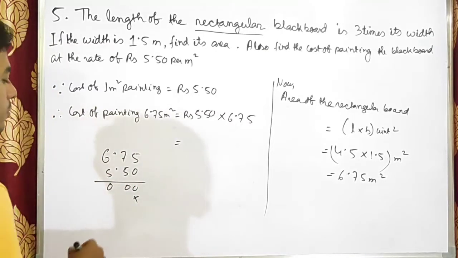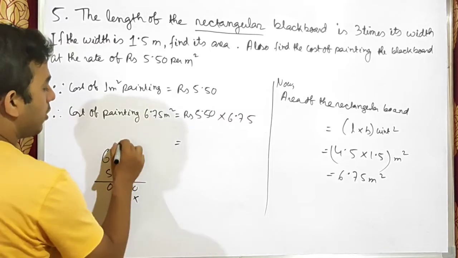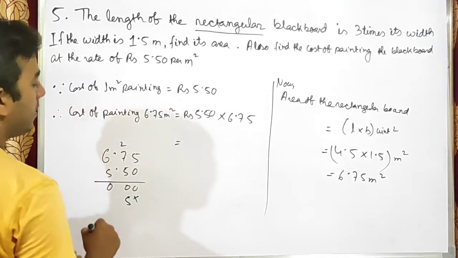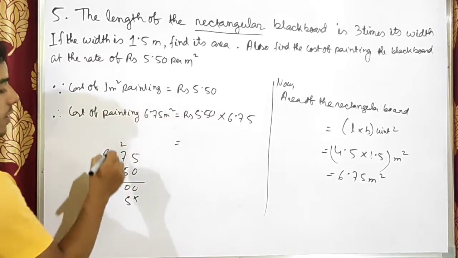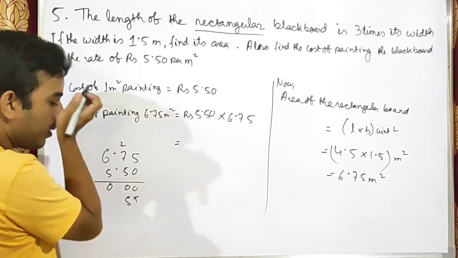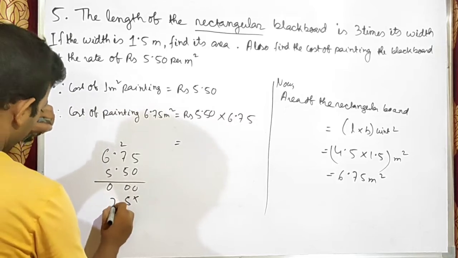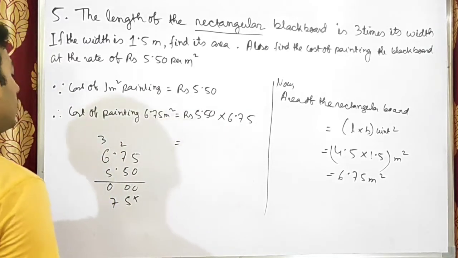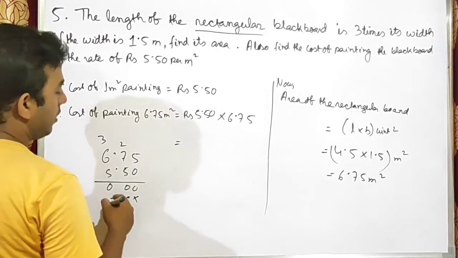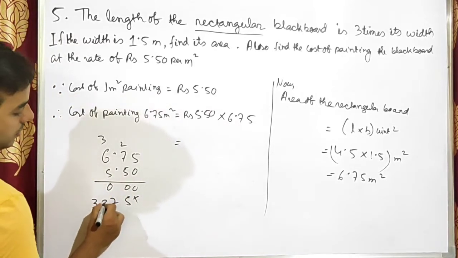Then 5 into 5 is 25, 2. Then 5 into 7 is 35. Clear? 35 plus 2 is 37, 7, 3. 5 into 6 is 30, then 33.